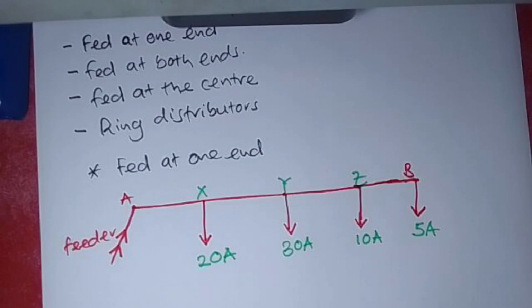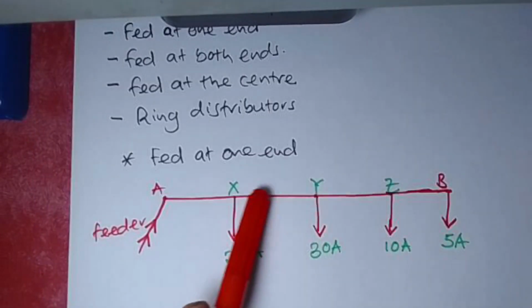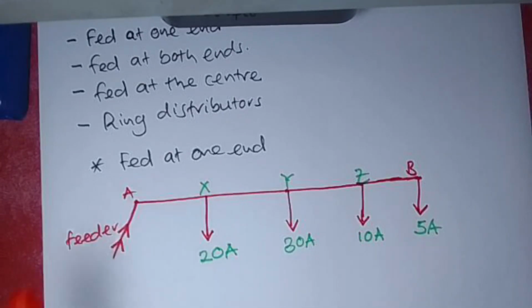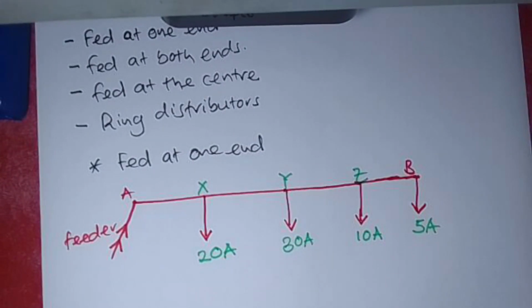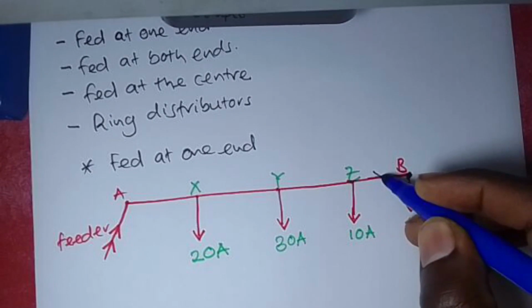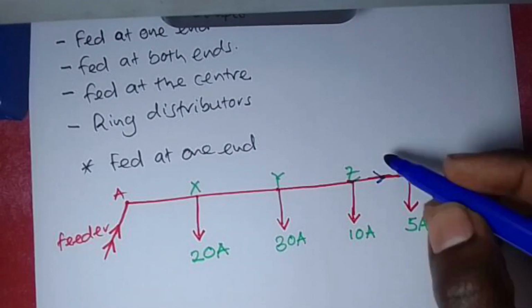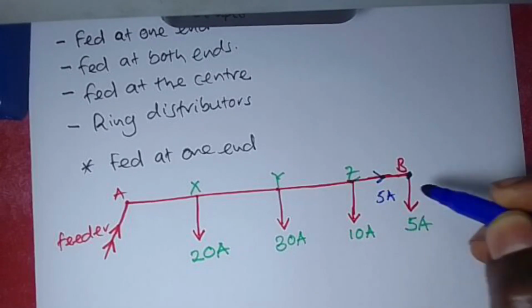you can see that it is easy to come up with the total current flowing in the entire system, because we can use Kirchhoff's law and calculate the current at each particular junction. For example, at this particular junction there is only one current flowing, and it is equal to the current leaving, which is 5 amps.